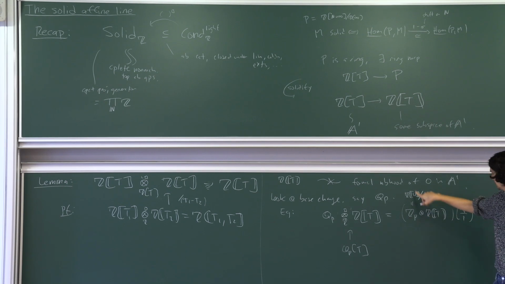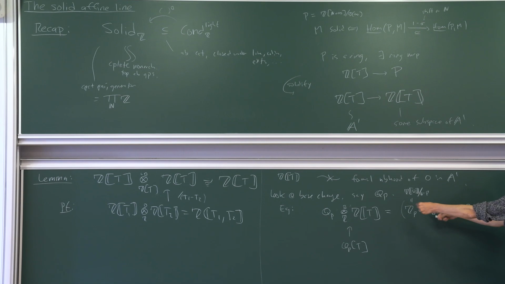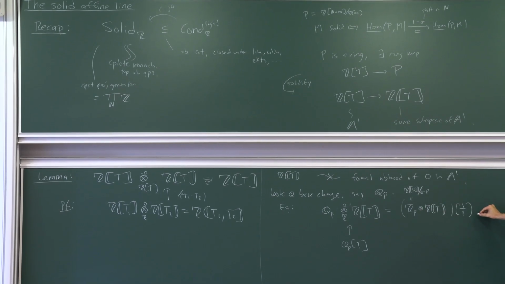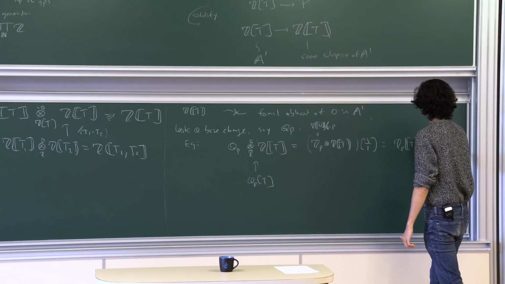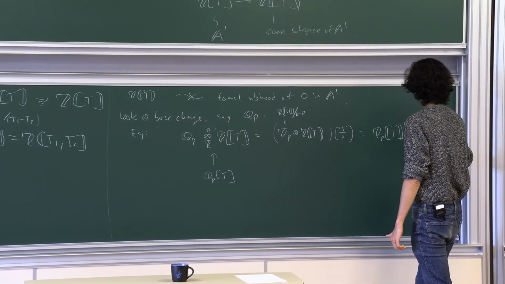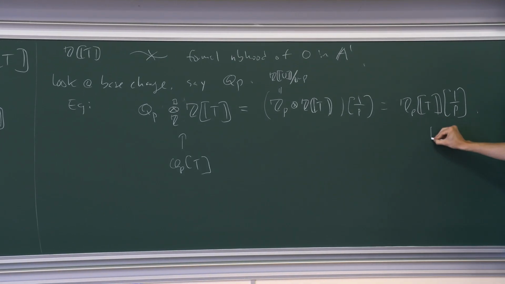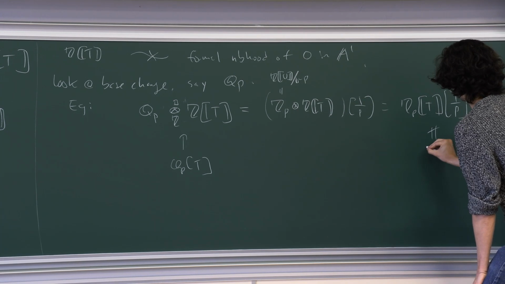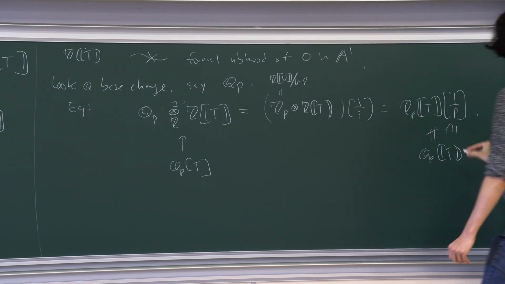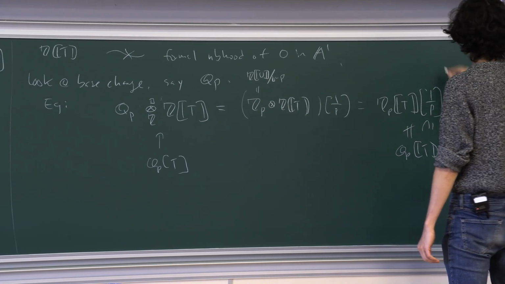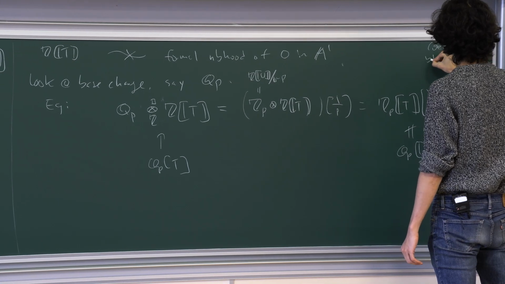So we know how to do these tensor products, and it just does the naive thing of you can pull in the limits. So the result of that is that you get Z_p power series T, and then invert p on the outside, which is not the same thing as the formal completion at the origin, namely Q_p power series T. So it's contained in there, and it's the subset where the coefficients are bounded in p-adic norm.